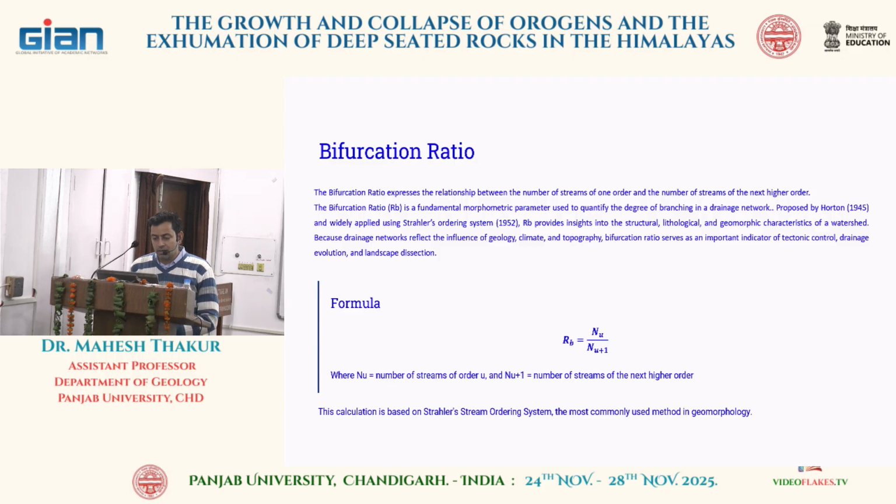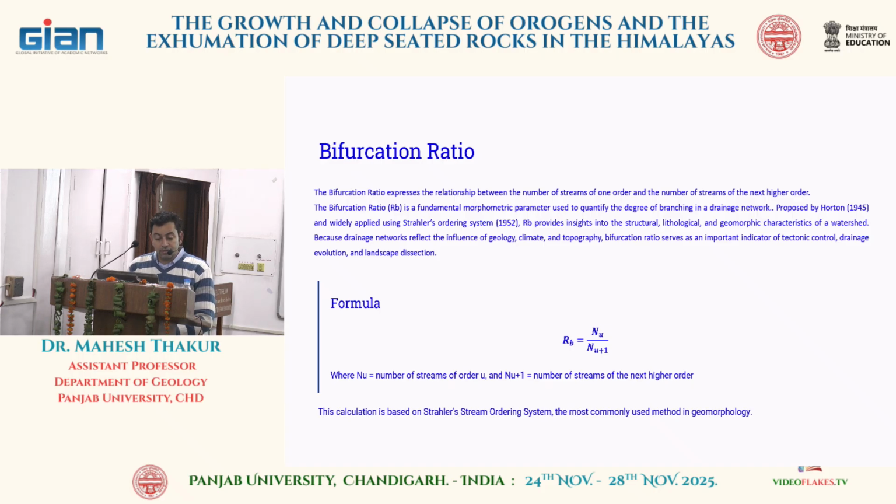Proposed by Horton in 1945 and widely applied using Strahler's ordering system. A bifurcation ratio provides insights into the structural, lithological, and geomorphic characteristics of a watershed. Because the drainage network reflects the influence of geology, climate, and topography. Bifurcation ratio serves as an important indicator of tectonic control, drainage evolution, and landscape dissection.